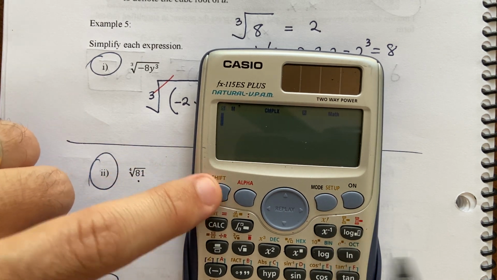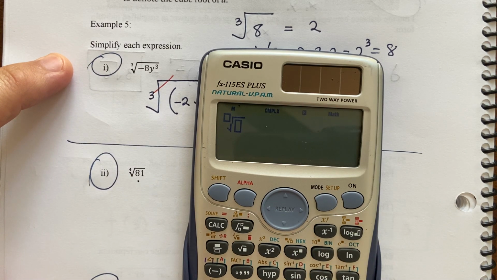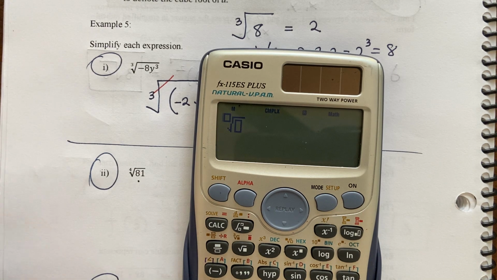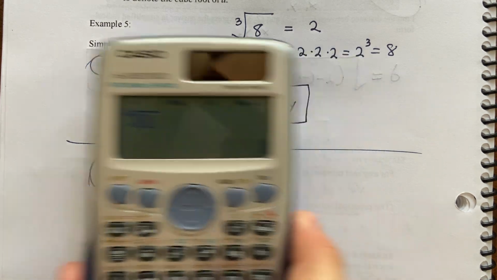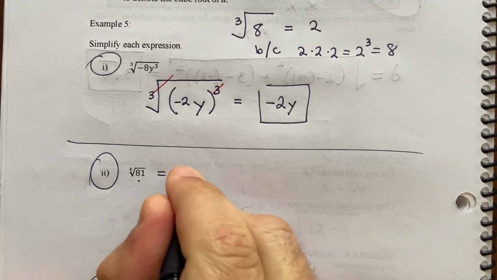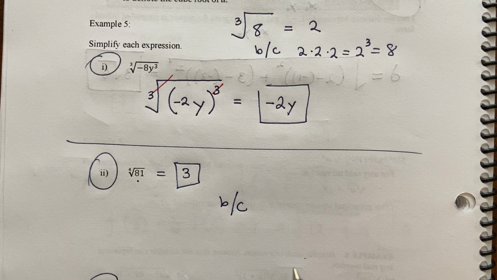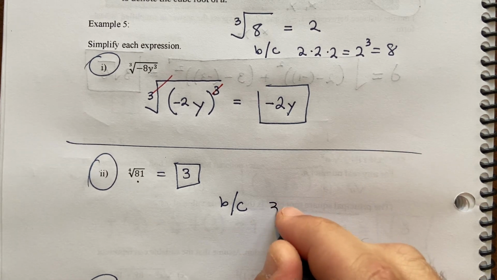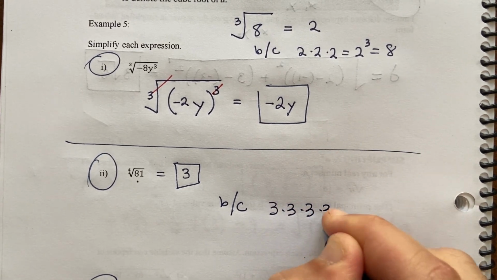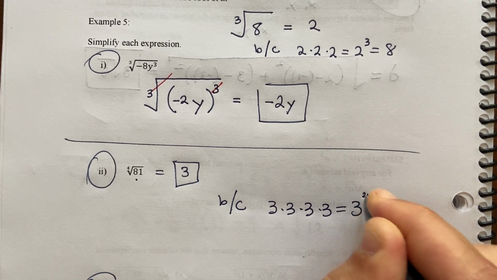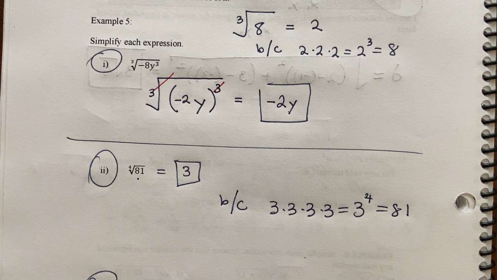I'll go shift and then this button here. I can type my 4, scroll inside, type 81, and I get 3. Just to explain, this is 3 because 3 times 3 times 3 times 3, in other words 3 to the 4th, is 81.